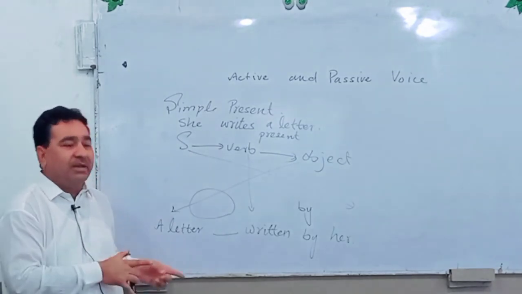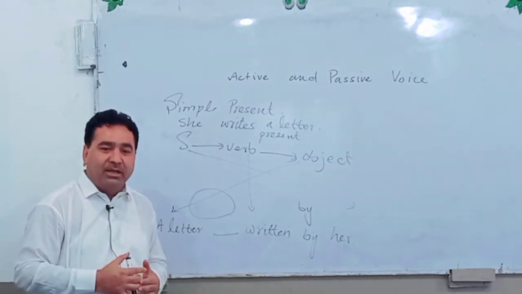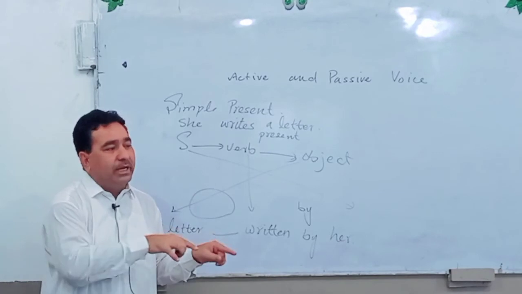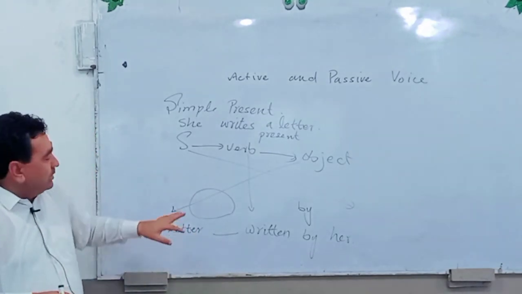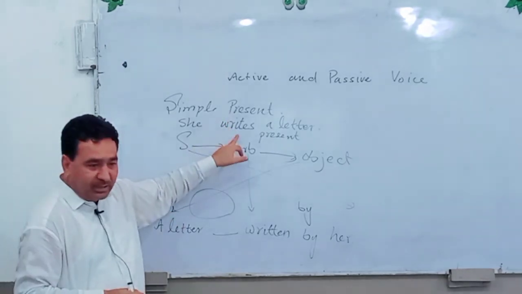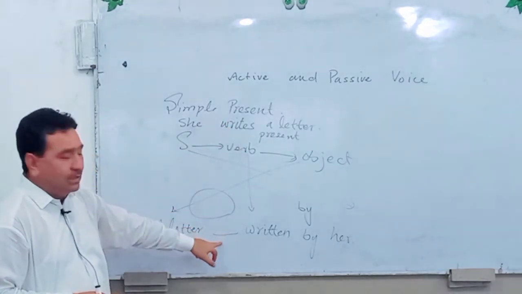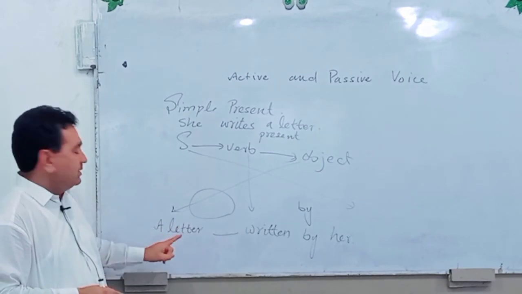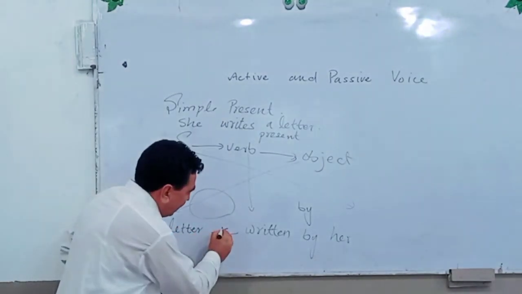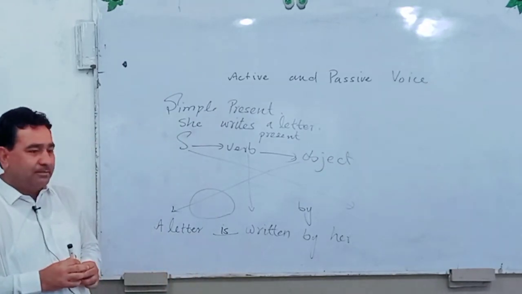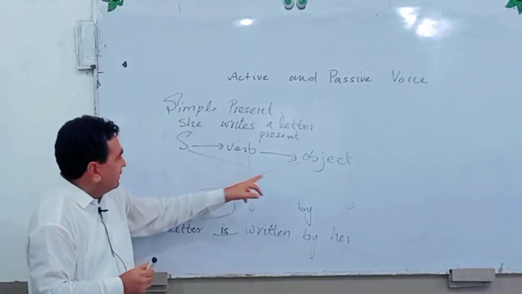In negative and interrogative sentences, we'll talk about them later. You will have to look at the helping verb as well as the main verb. Clear? So here the main verb is in the present, so we'll use the present form of be, but because the subject is singular, we'll use is. Clear? Yes, sir.